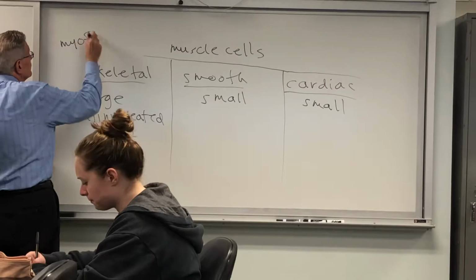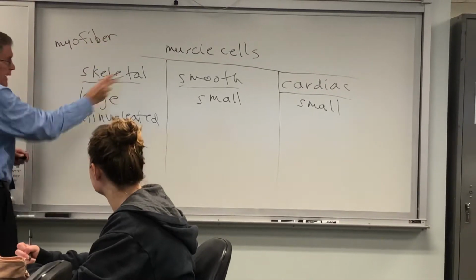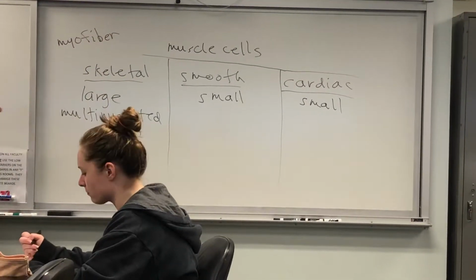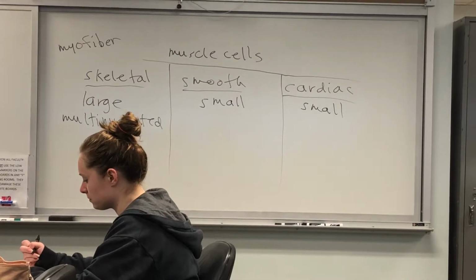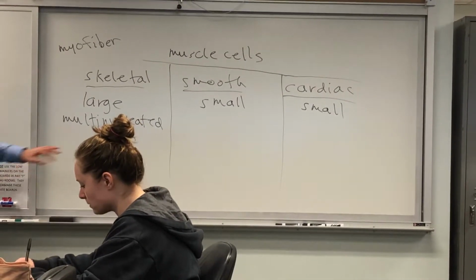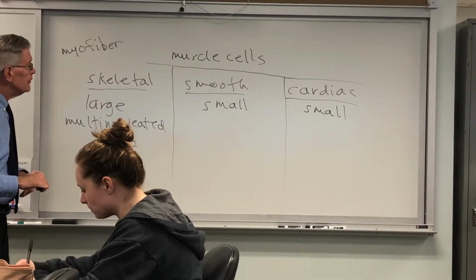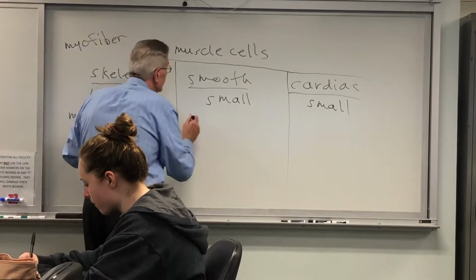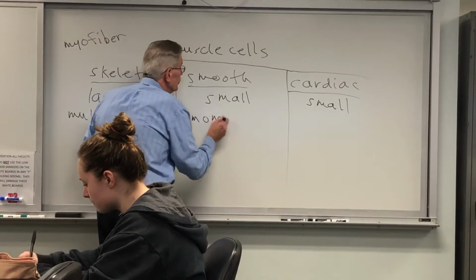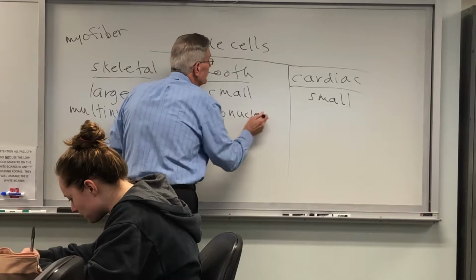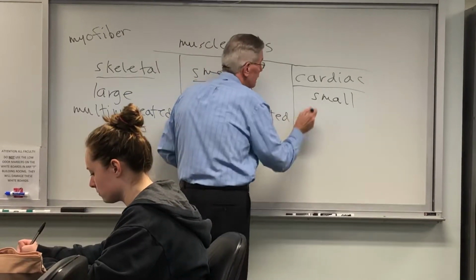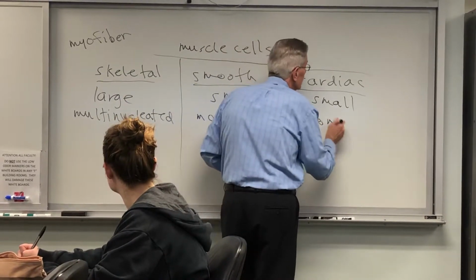A muscle cell, by the way, applies to all three of these. Any muscle cell is also referred to as a myofiber. So multinucleated skeletal myofibers, mononucleated smooth myofibers, single nucleus, same for cardiac, mononucleated.